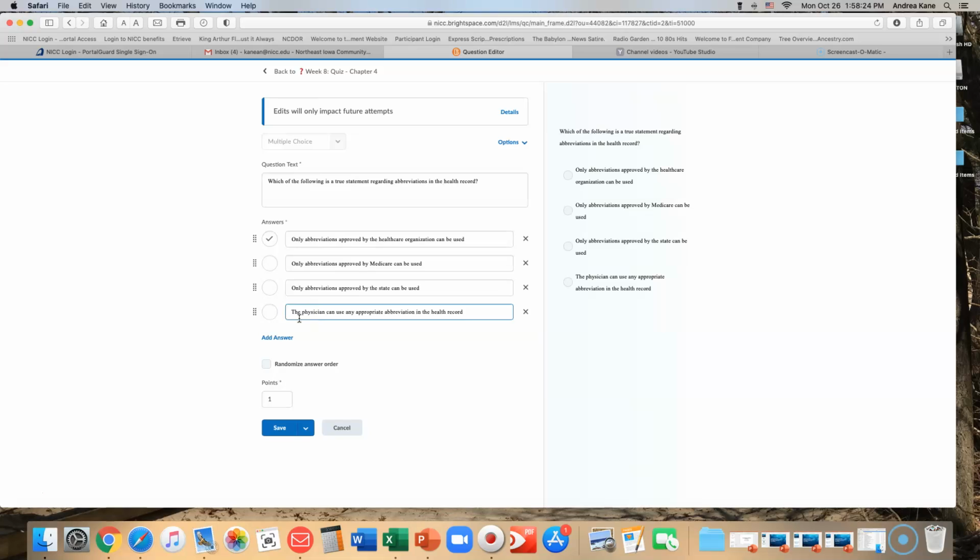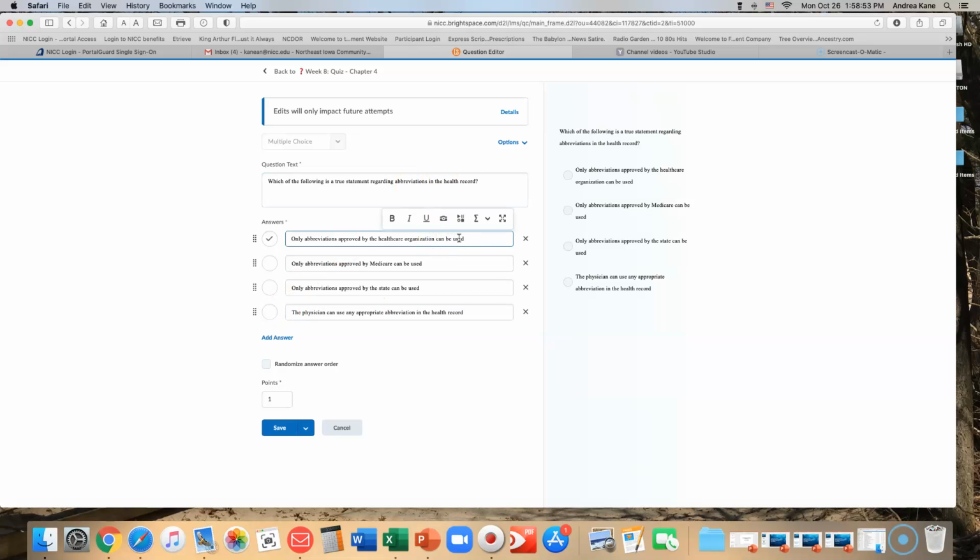If the book says that only abbreviations approved by the organization and medical staff rules and regs can be used, does that say anything about Medicare? Does that say anything about the state? Does that mean that the physician can use any appropriate abbreviation in the health record? No, only approved ones. And who approves those? The healthcare organization and the medical staff.